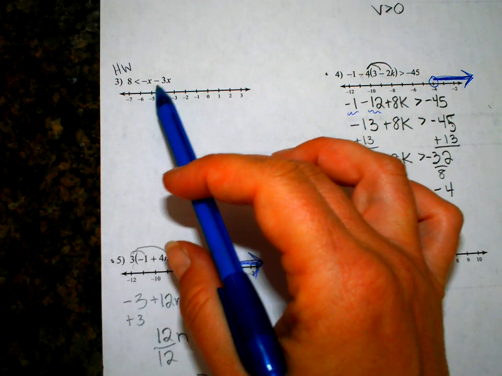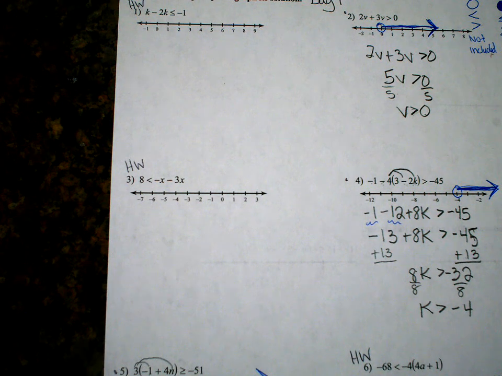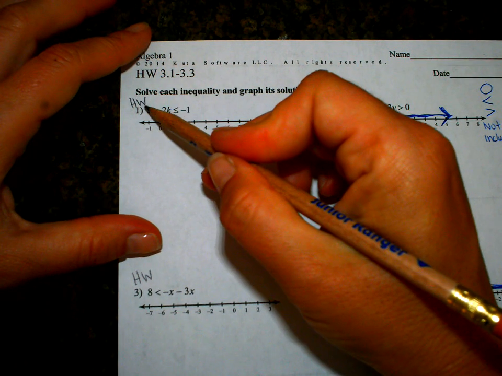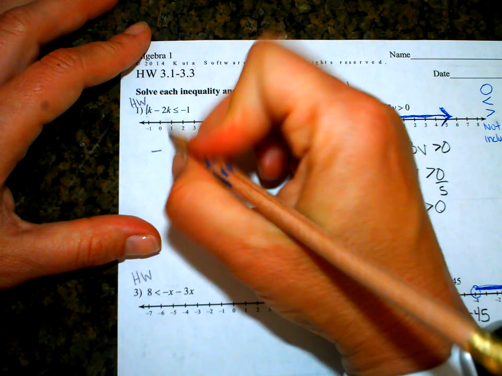Okay, something I wanted to talk to you about. When you do like number 3 for homework, you're going to have a negative, same with number 1 actually. So I'll do one of your homework problems with you. There is a rule in inequalities. Let's do number 1. 1k minus 2k, 1 minus 2, negative 1k.